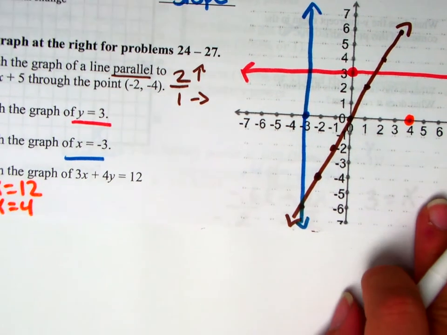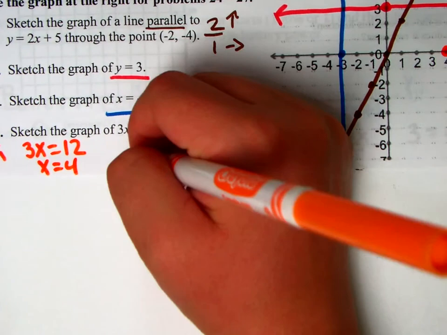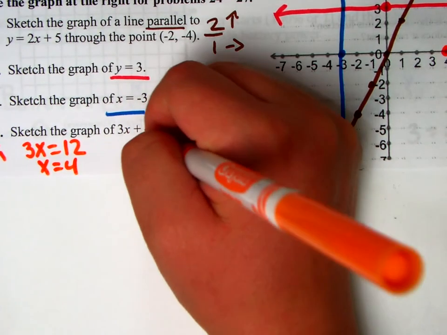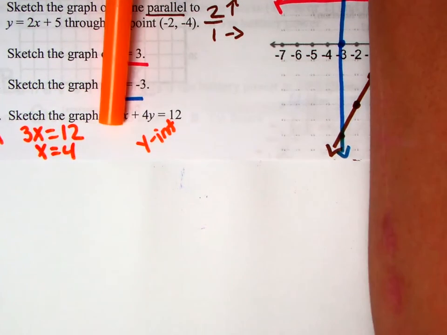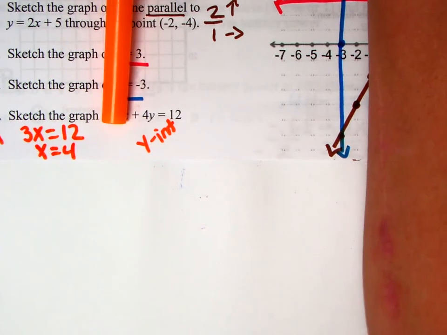Now let's do the same thing but for the y-intercept. For the y-intercept, we know we're going to cover up the x. So what am I stuck with? 4y is equal to 12. Divide by 4 on both sides, and you're going to get 3.